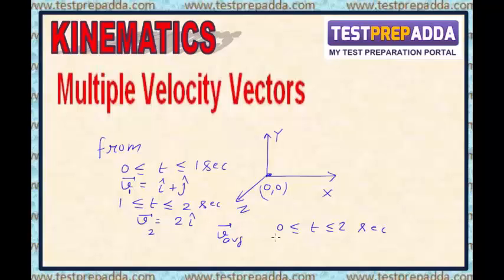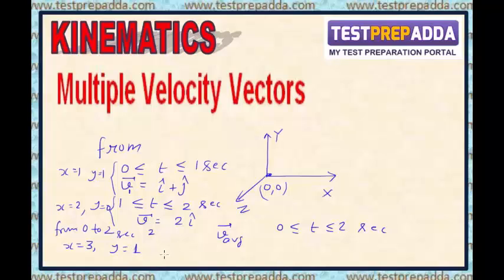Now to find this, first I'll separate x and y coordinates. What is given? From 0 to 1, the x is 1, y is 1. And from 1 to 2, x is 2, y is 0. So if I take 0 to 2 seconds, then x will become how much? 3, and y will become 1.